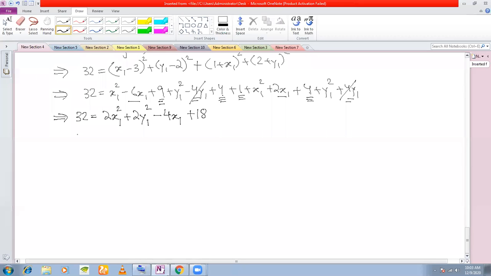So let's simplify this. Let's see what happens. So you get twice x1, you can take 2 common, plus y1 square minus 2x1 plus 9 is equal to 32. That means x1 square plus y1 square minus 2x1 plus 9 is equal to 32 by 2.